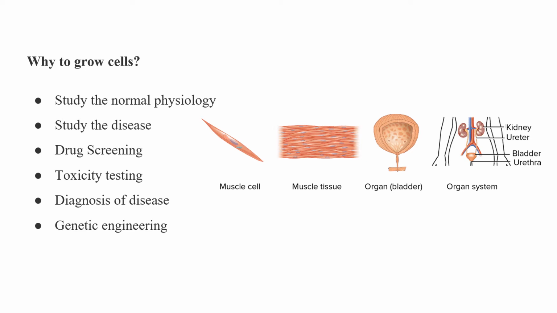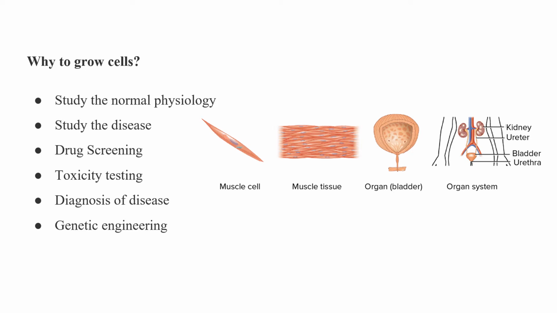For example, to study normal physiology: if you want to study the normal physiology of a cell or organ, the basic unit is the cell, and we can easily study the cell in an in vitro condition to know the normal physiology of some organ or body.